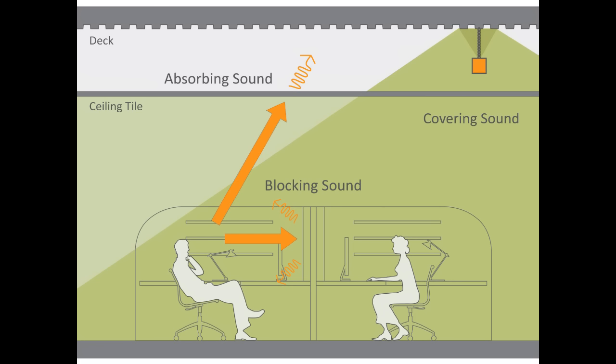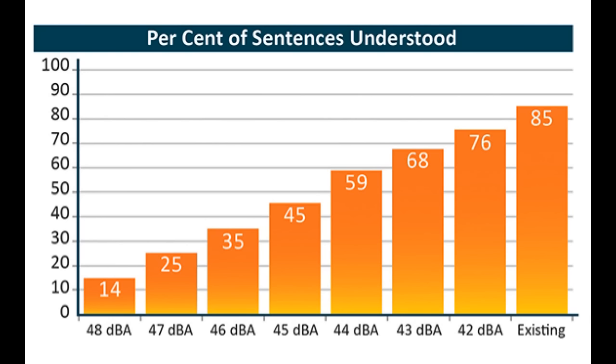Unfortunately, that was in 2008 when the economy went to crap in the USA, and everything went on hold, even in Las Vegas. Sound masking done right reduces the percent of sentences, the words that people sitting close to you can understand, and does a pretty good job at that.